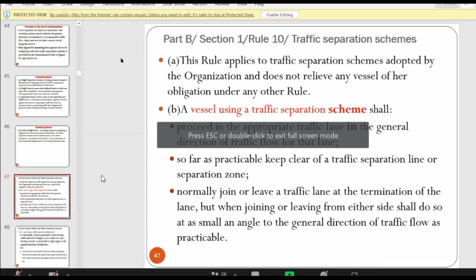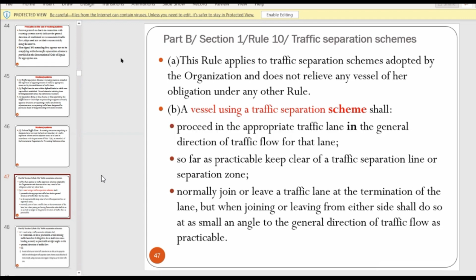Normally join or leave a traffic lane at the termination of the lane, but when doing so from the side, do so at as small an angle to the general direction of traffic flow as practicable. So if you're going to join the traffic lane or leave it, you should normally do so at the termination of the lane.